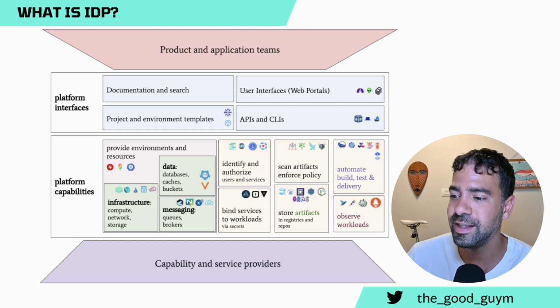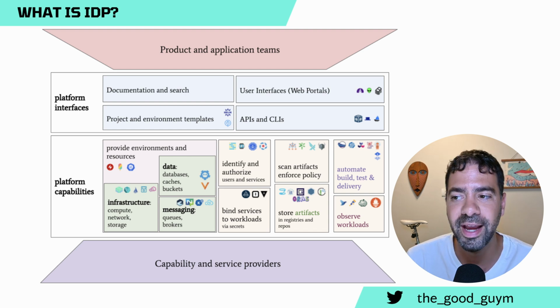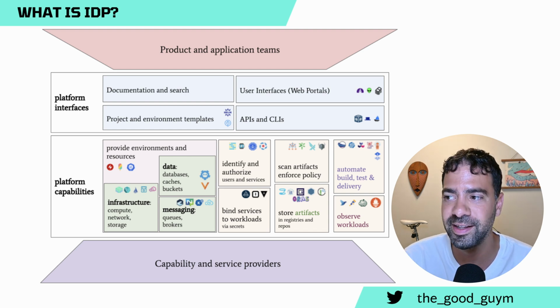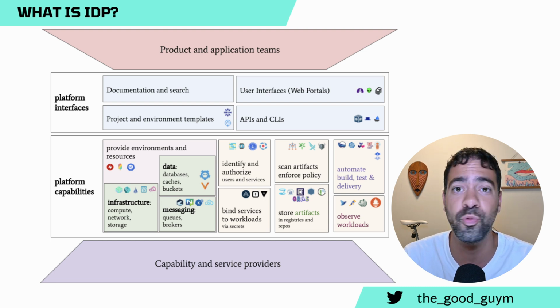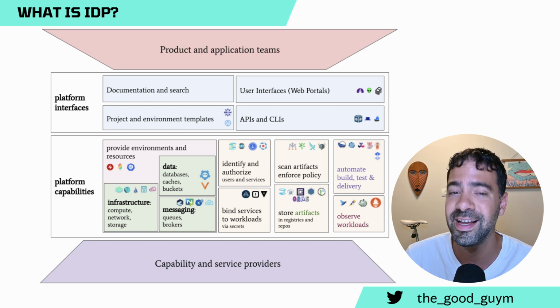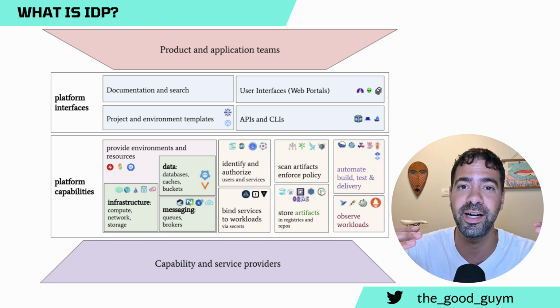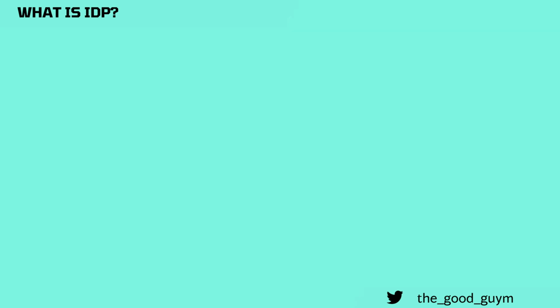It allows you to create a centralized and simplified end-to-end software development when you consume the capabilities from one very simplified product interface, and you create this abstraction layer on top of the capabilities and all the tools.